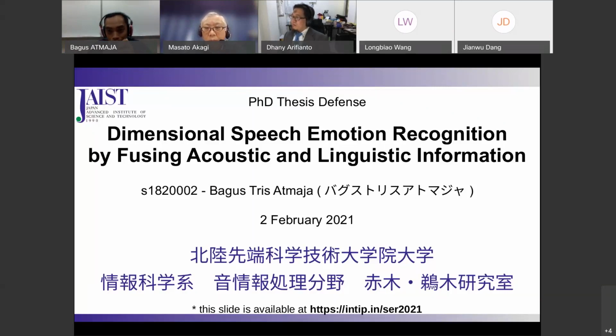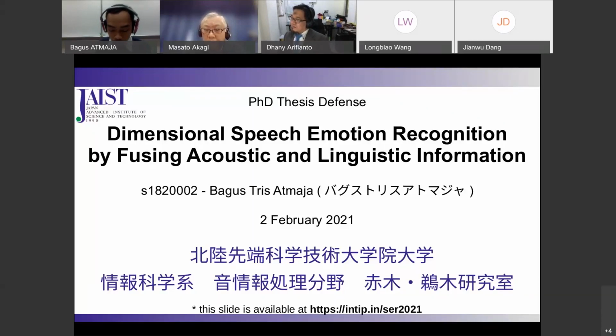Maybe that will improve future research if we have the fourth dimension. But the problem here is the availability of labels, because until now the dataset is still limited, and I cannot find a dataset with more than 3 labels for the dimensions.